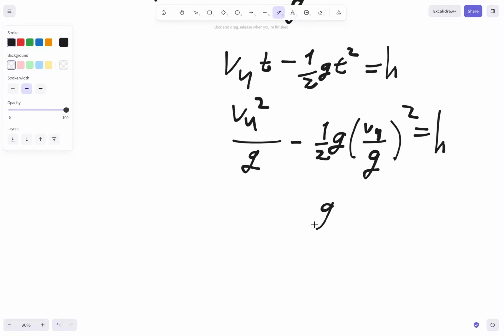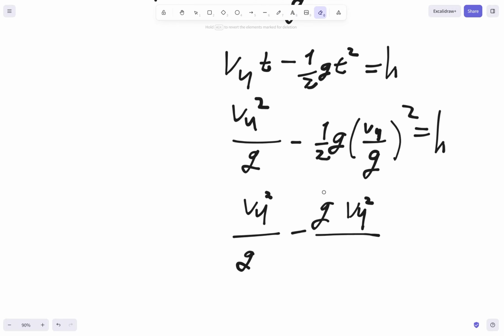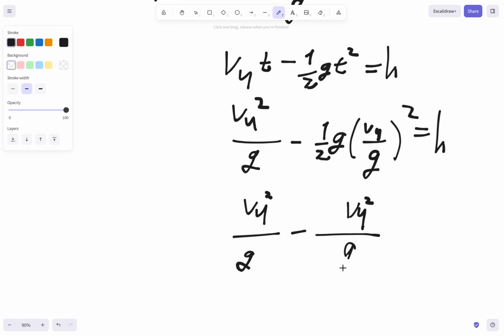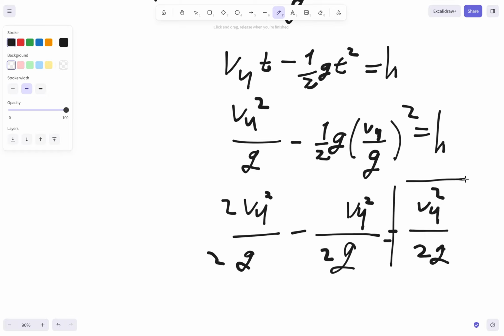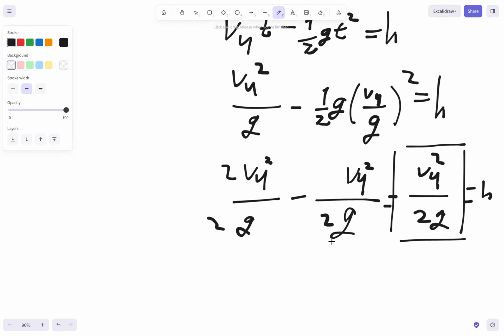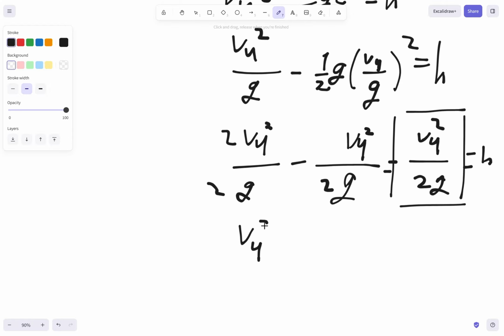So what is that? Vy squared all over g minus Vy squared all over... wait, no, there is no g on the top because it cancels, right? Yeah. Should be this equals h. So, oh, it's just a kinematic equation.